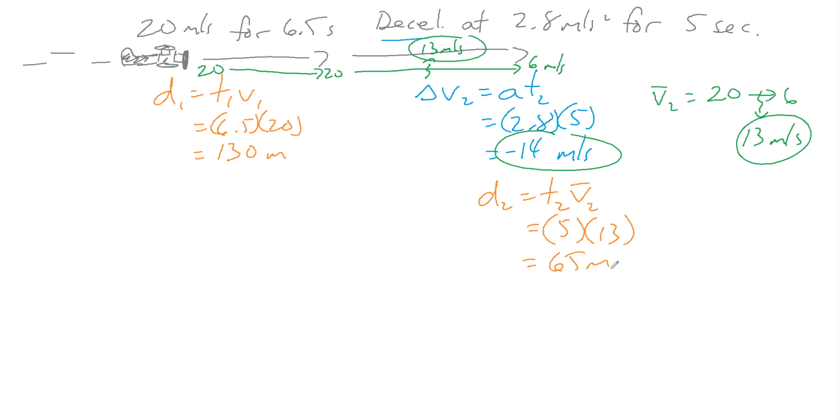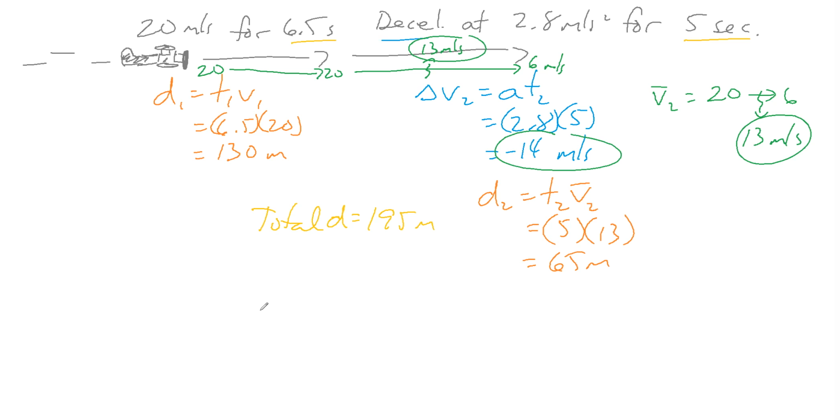All right, so now I've got my two distances. I can easily put those together, and my total D would then be equal to 195 meters. Okay, well, let's see, total D. If I've got my total distance and my two times, I could actually find my average speed for the entire situation.